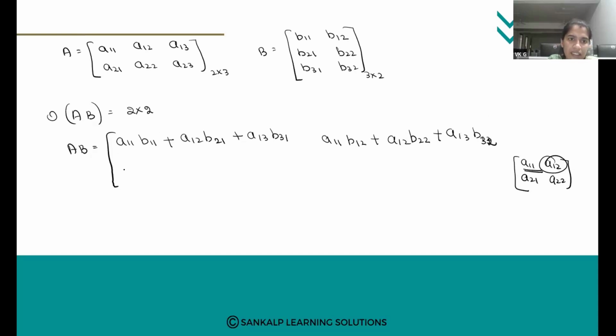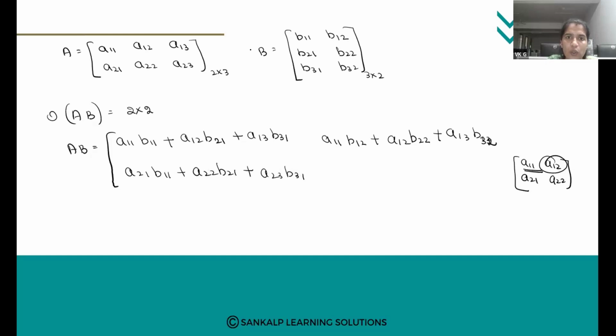Next, second row. This is actually the second row, first column entry of the product. So second row from the first, first column from the second, multiply pairwise: A21 B11 plus A22 B21 plus A23 B31.